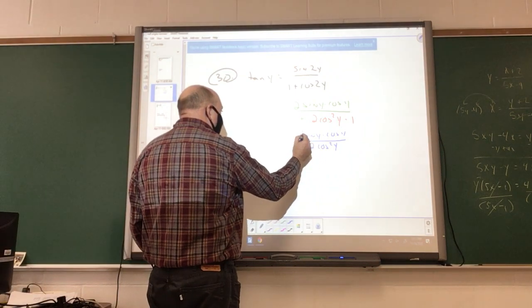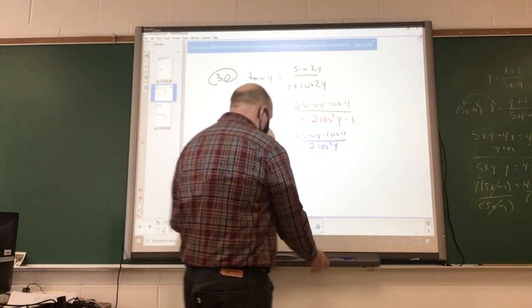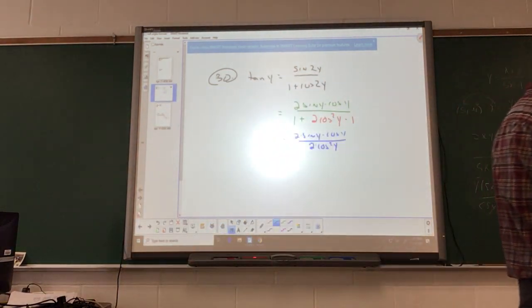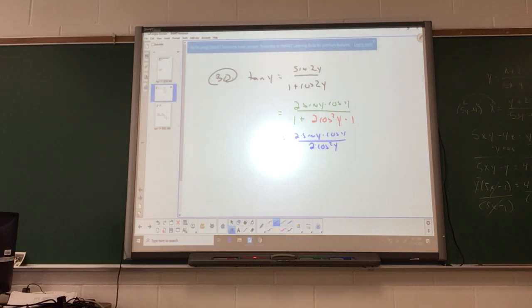We have all multiplication in here now. Canceling anything that we can cancel, the 2's cancel out nicely for us. One of the cosines goes away also. So cancel out what you need to cancel out. You can do it.